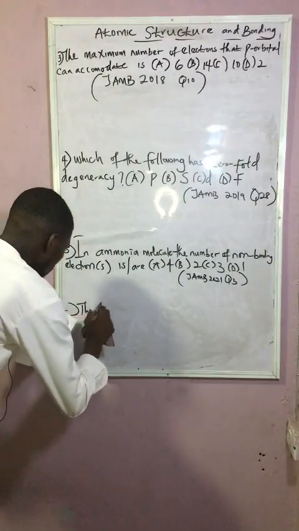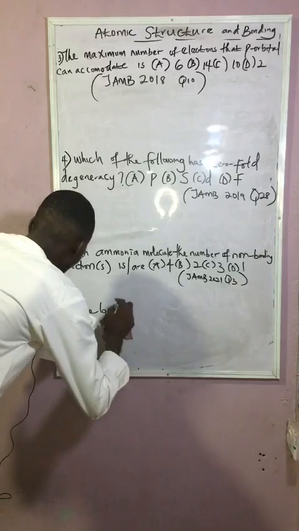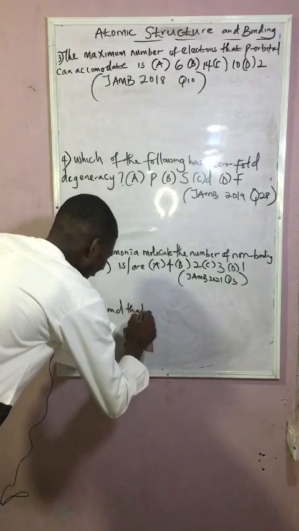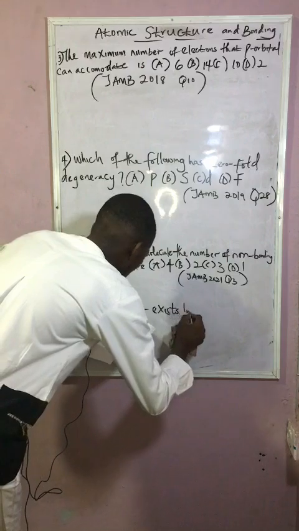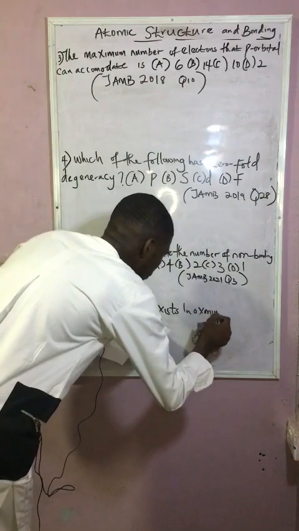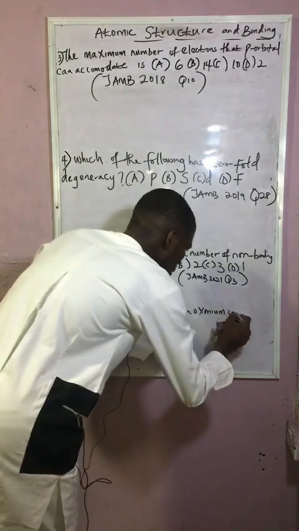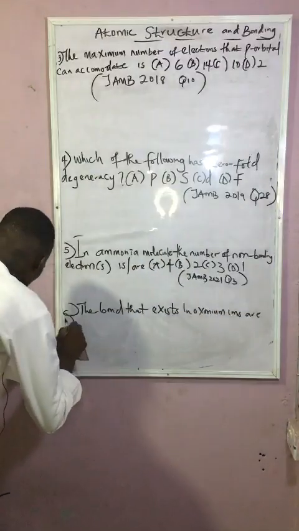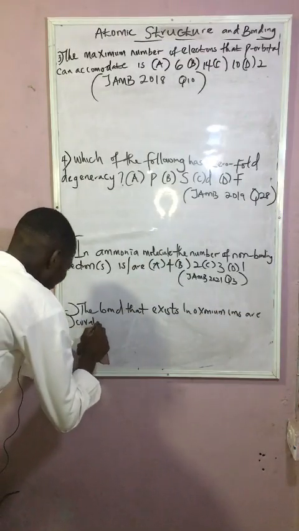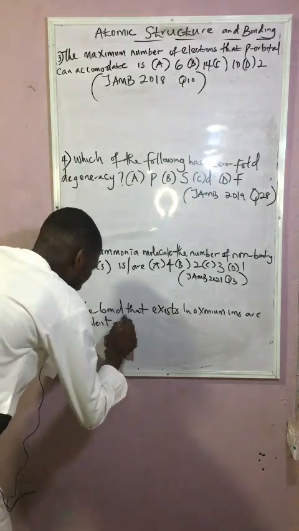The bond that exists in oxonium. This question is likely a question that JAMB always plays with.